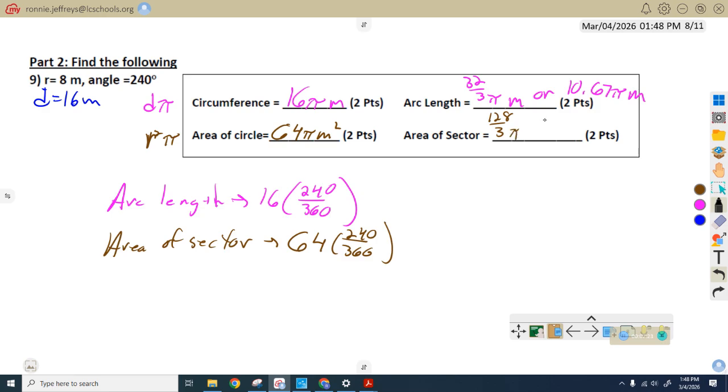Now, Kenshin, if I'm writing this as a fraction, can you give me the answer as a fraction? 3542 is not really exactly what I just asked you.